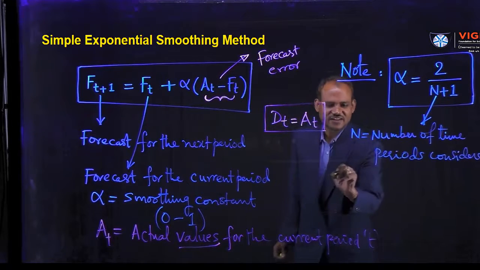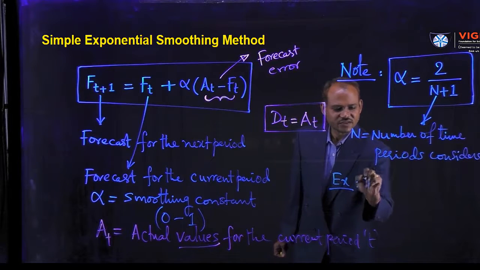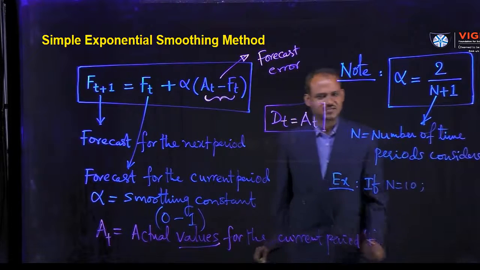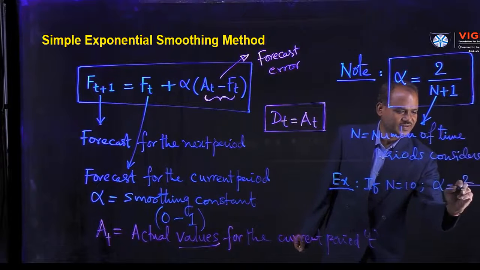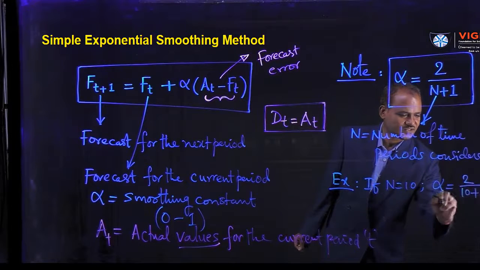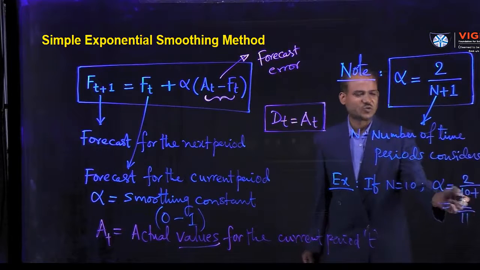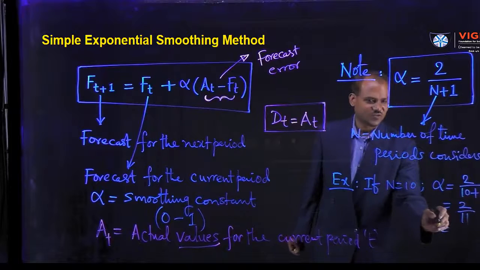If n is equal to 10, what is the value of alpha? Alpha value is equal to 2 by 10 plus 1. That means 2 by 11. Denominator is more than numerator. Definitely this value should be less than 1.